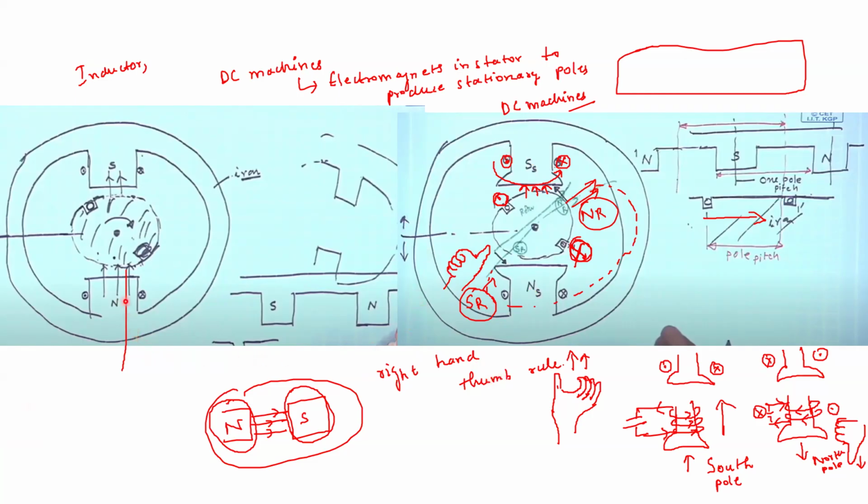As I was saying, suppose you cut this cross section here and linearly try to see this machine. If you place this linearly, you will see alternating north and south poles, and here you have the conductor, and because this rotor is moving, the conductor is also moving in this direction.